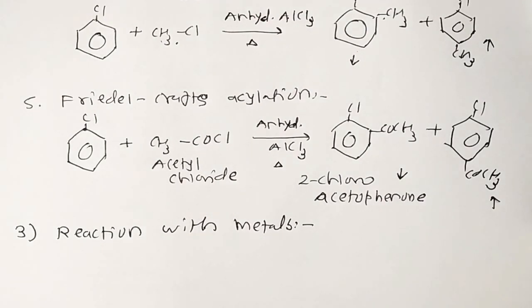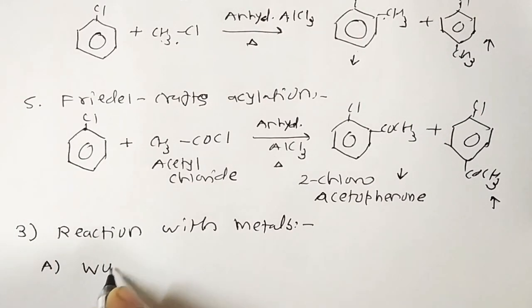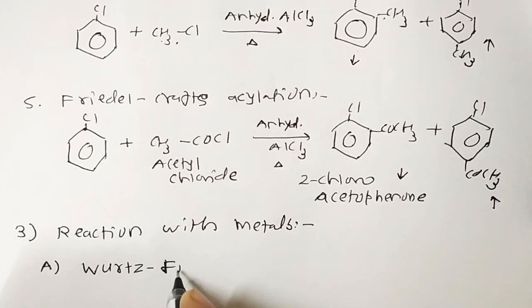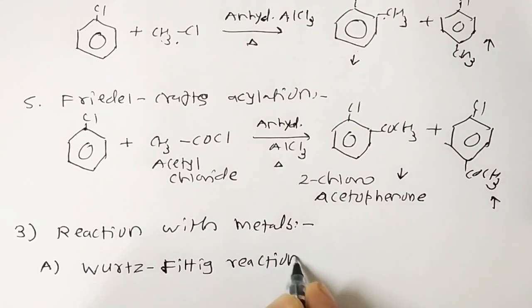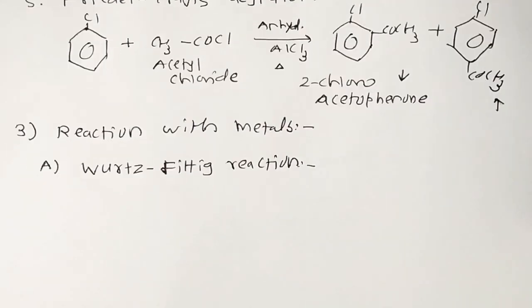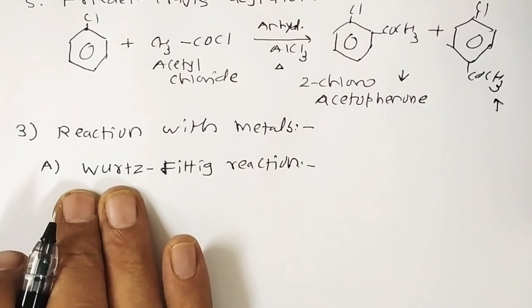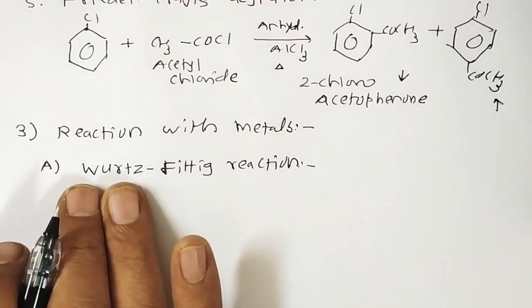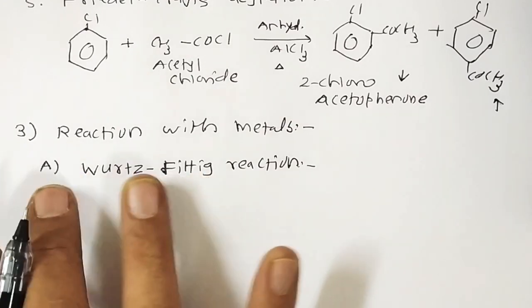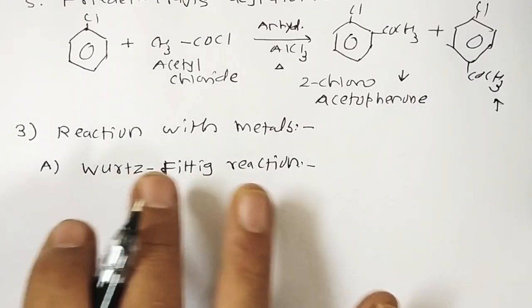So we have various types of reactions. Out of them, first we have the Woods-Fittig reaction. We know that the Wurtz reaction is used for alkyl or haloalkane, but here Wurtz and Fittig. So if one compound is alkyl and the remaining is haloarene, this combination is called the Wurtz-Fittig reaction.